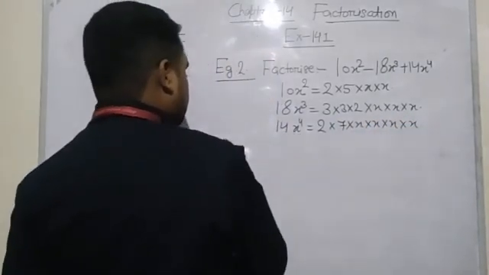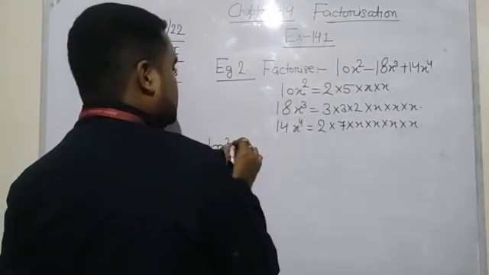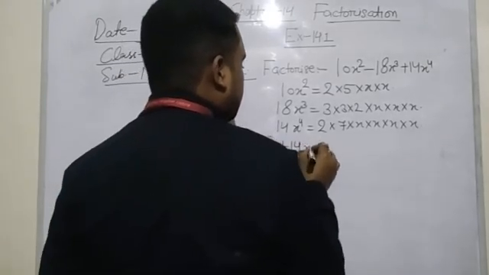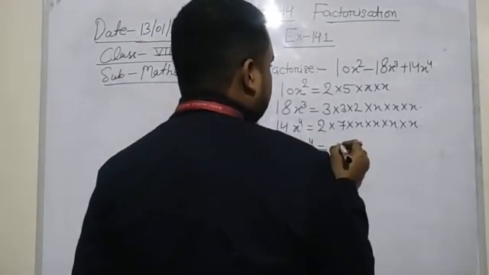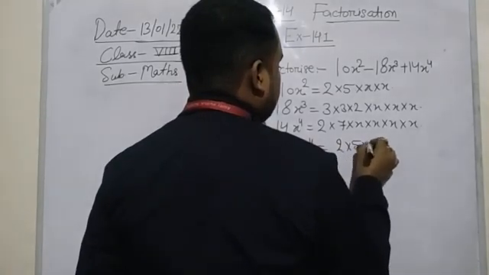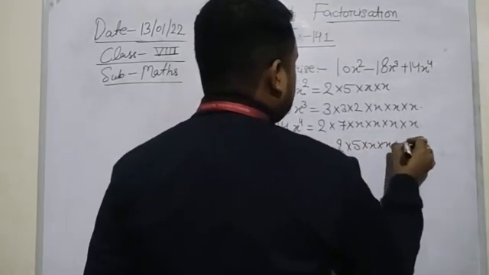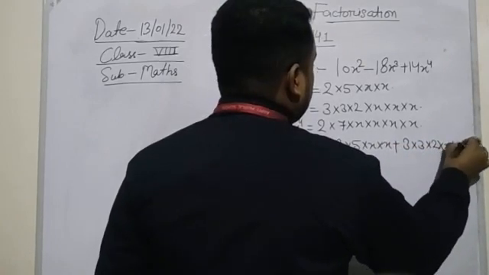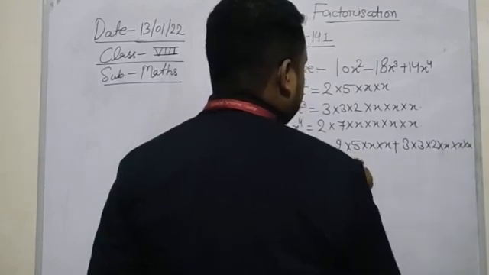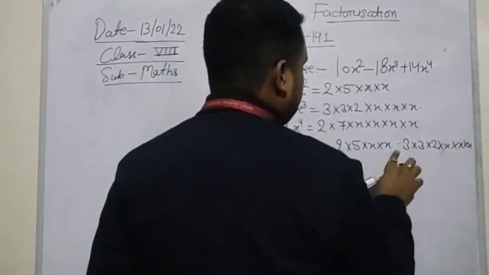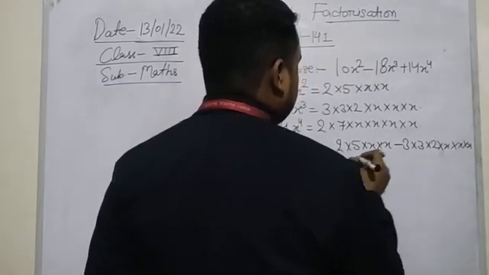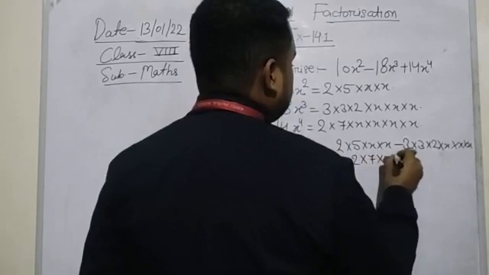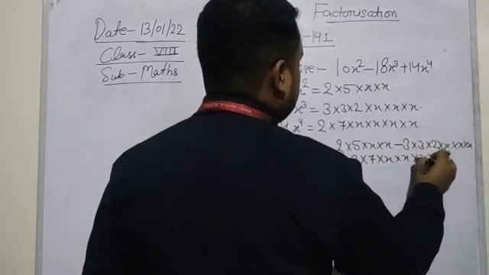So 10x square minus 18x cube plus 14x to the power 4 can be written as 2 into 5 into x into x, minus 3 into 3 into 2 into x into x into x, plus 2 into 7 into x into x into x into x.